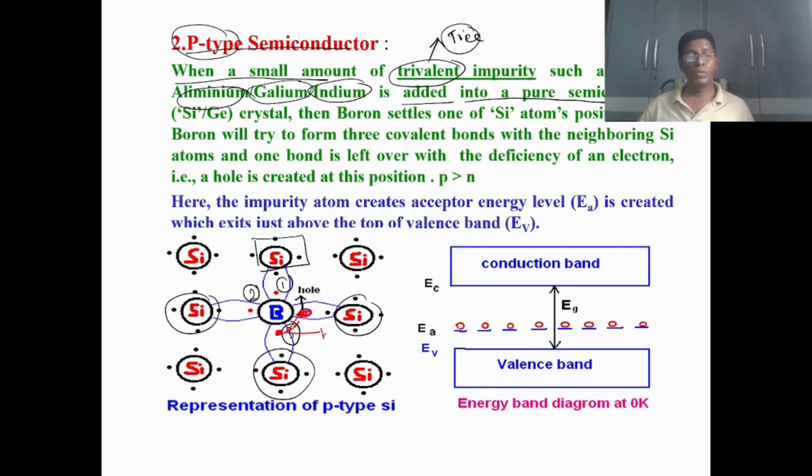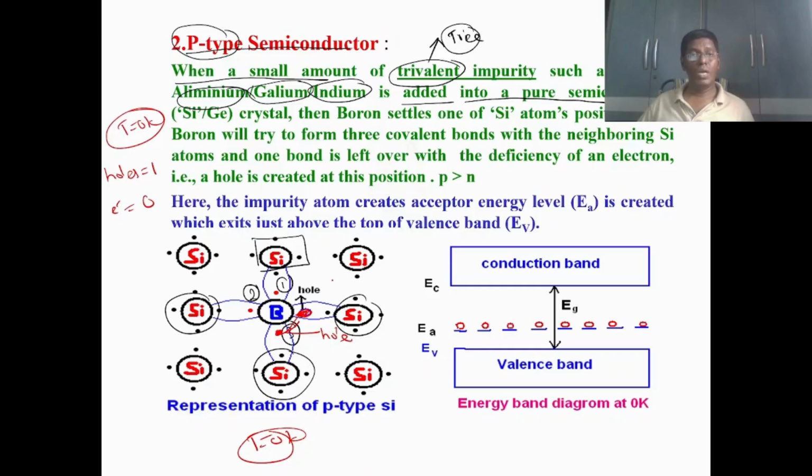So here we observe the formation of a hole, at temperature T equal to 0 Kelvin. At this 0 Kelvin temperature, there is no formation of free electrons, only a hole is created. So the number of holes is equal to 1, and the number of electrons is equal to 0 at temperature T equal to 0 Kelvin.